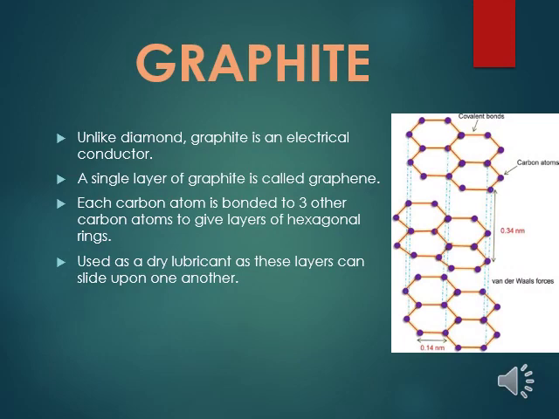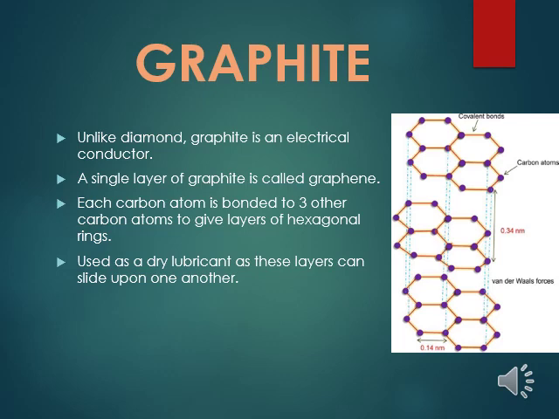After the diamond, we have another allotrope of carbon named graphite. Unlike diamond, graphite is an electrical conductor, so it can conduct electricity. Basically, graphite has a layered structure. A single layer of graphite is called graphene, and in this layer, each carbon atom is bonded to three other carbon atoms to give hexagonal rings, and those rings are joined to each other.